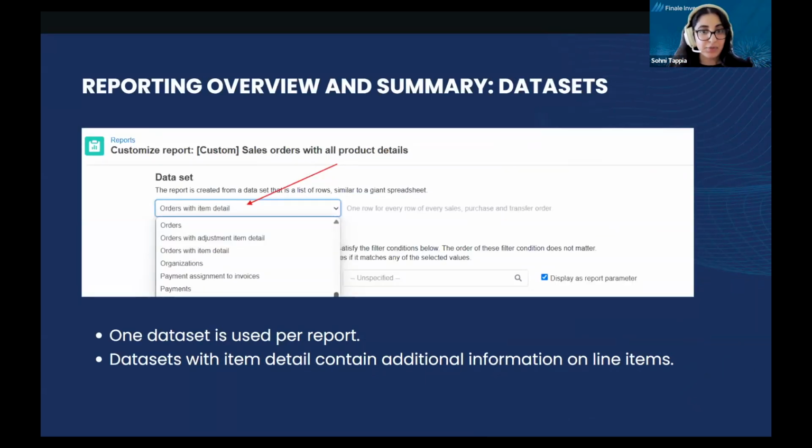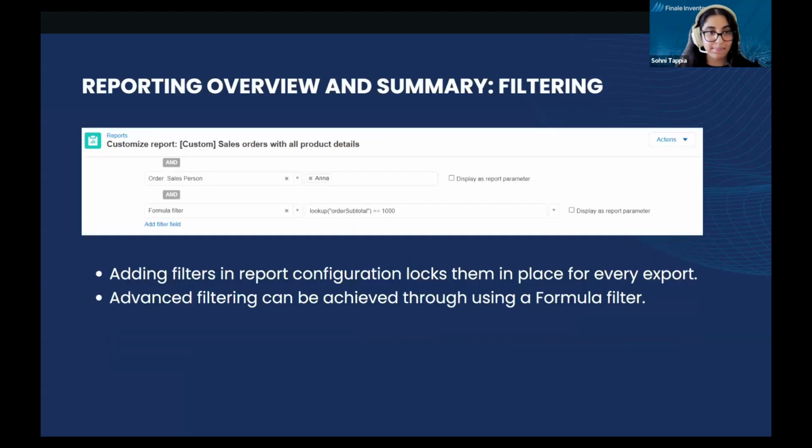Each report that is created in Finale Inventory is working on one data set. Data sets that contain the item detail will have additional information on things like line items, like the SKU, the category, and the pricing that have to do with the entry that's being made into Finale.